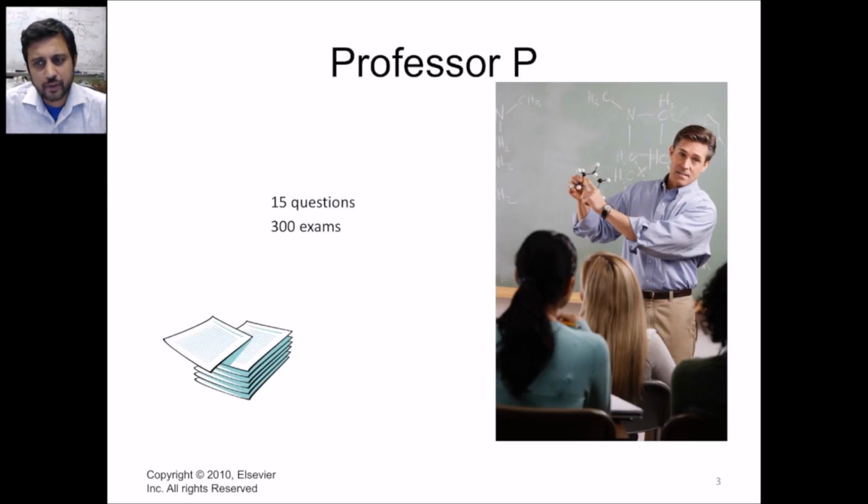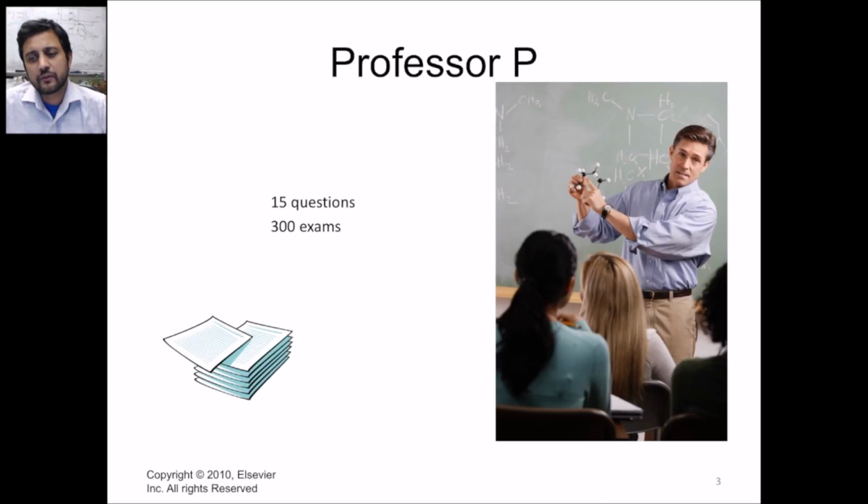So here is a very quick example. Let us say there is a faculty and there are 15 questions and 300 exams, meaning 300 students who took the exam. And the faculty has to grade all these 300 exams.